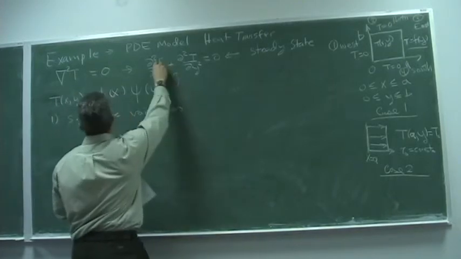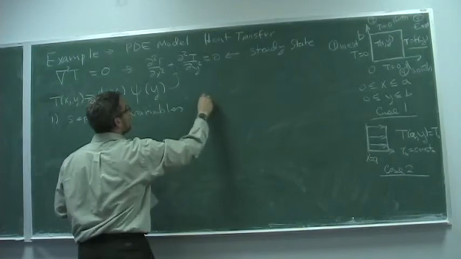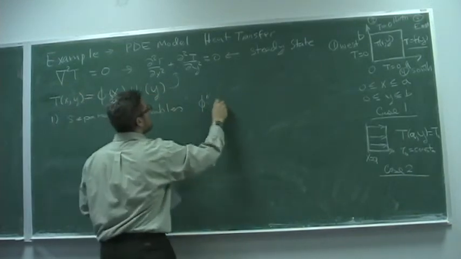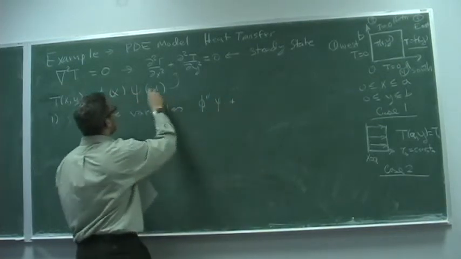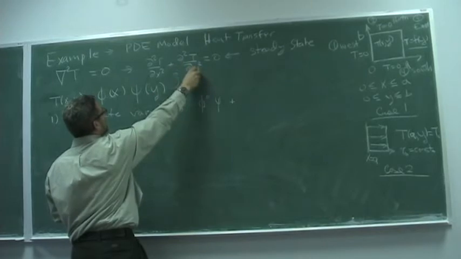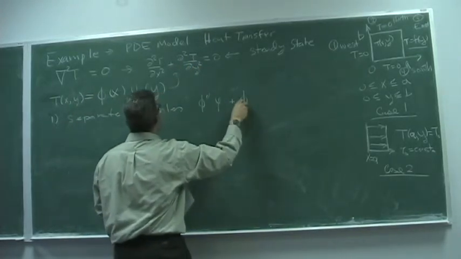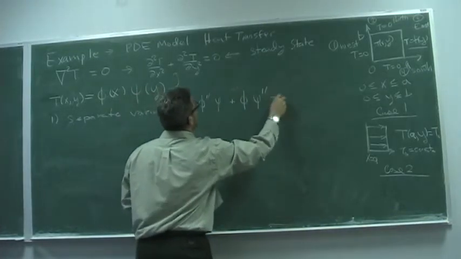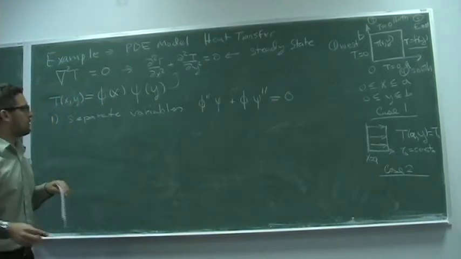So we're going to end up with respect to x, we got phi double prime, times, no derivative here, plus, we're going to take down the second derivative with respect to y. So this remains constant. We don't take a derivative of that. We take the derivative of the second. Equals 0.